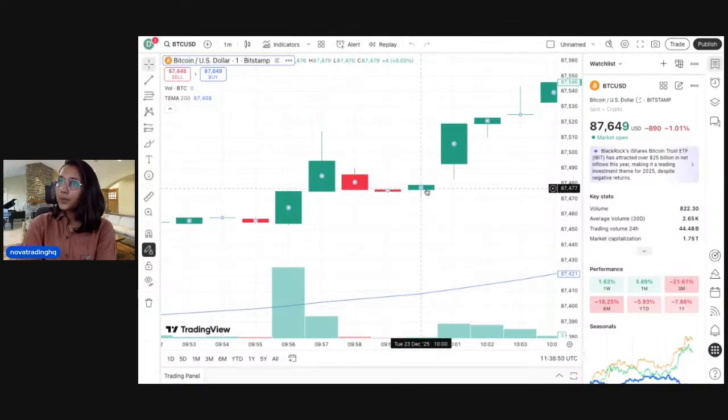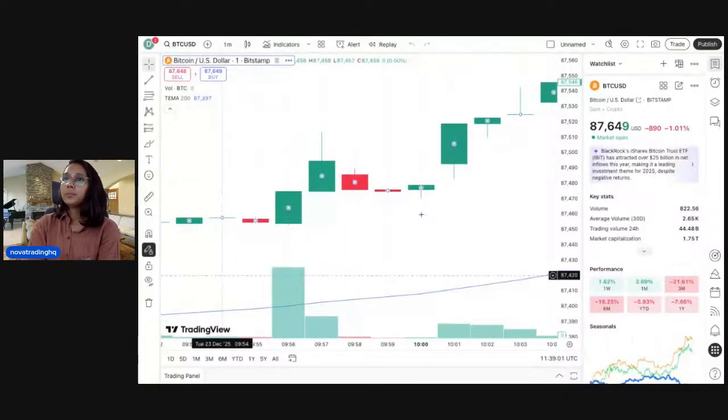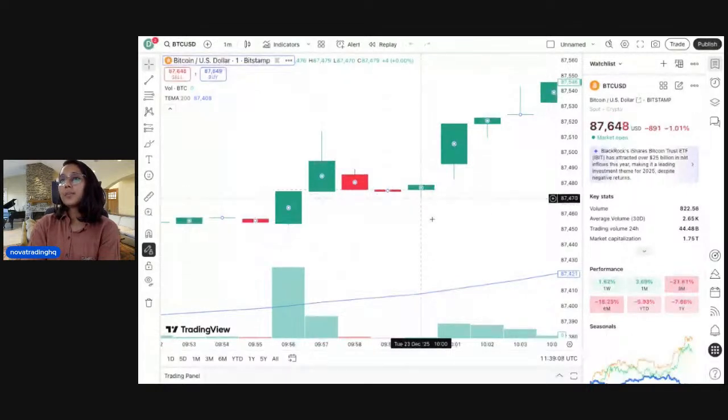As you can all see, it's a green candle, and it has a very small body, with just a lower wick and no upper wick.